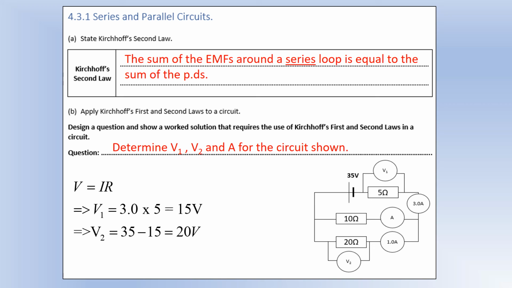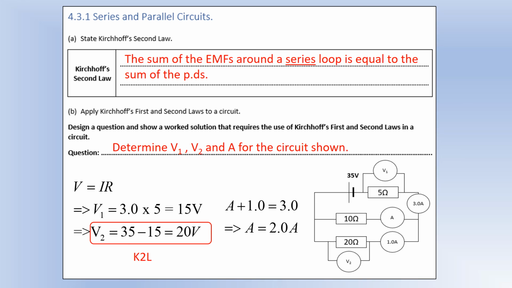And then if you want to use Kirchhoff's first law, we know that A plus 1 must be 3, because A and 1 will go into the junction, 3 will come out, so A must be 2 amps. So here's where we use Kirchhoff's second law, sum of the EMFs equals sum of the potential differences, and here is where we use Kirchhoff's first law.